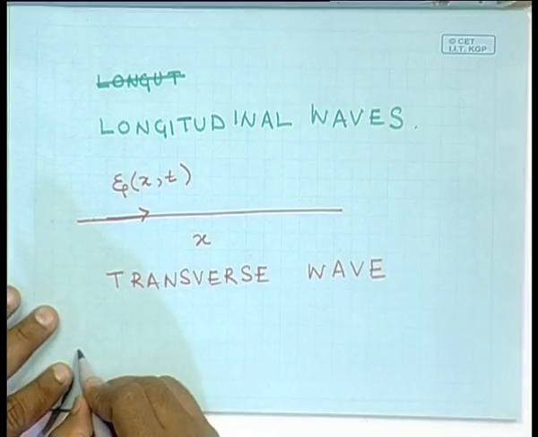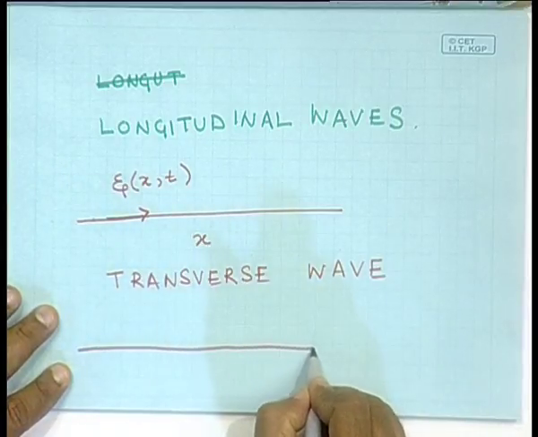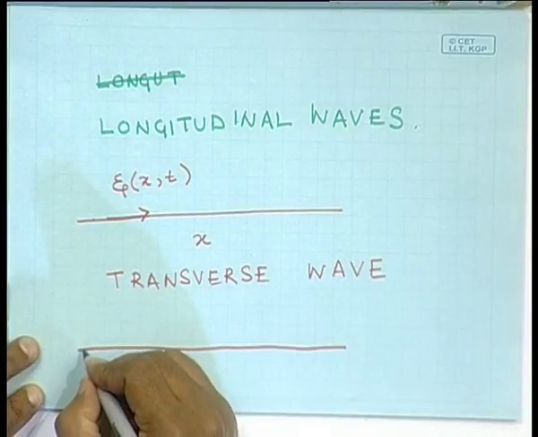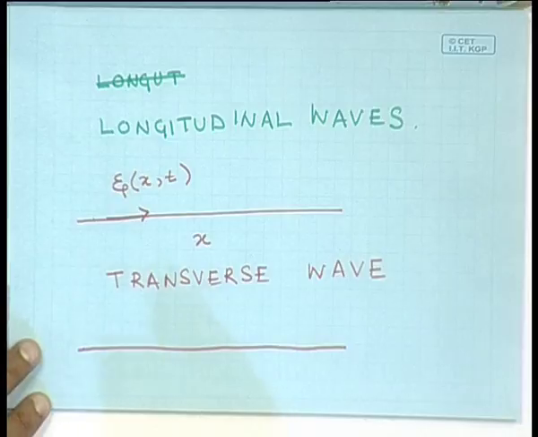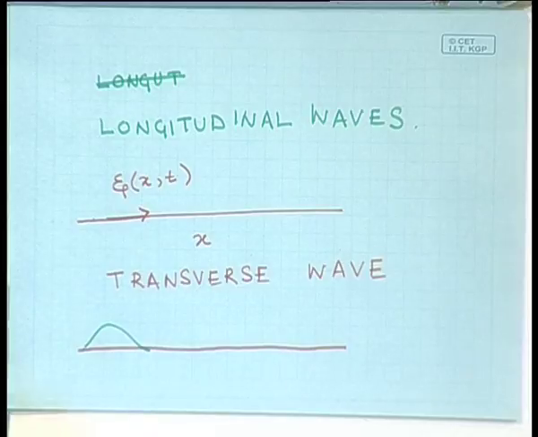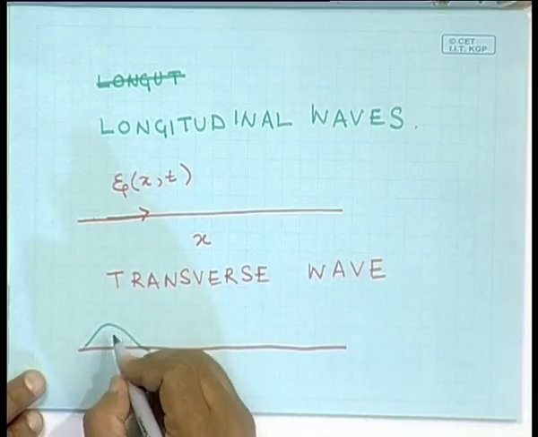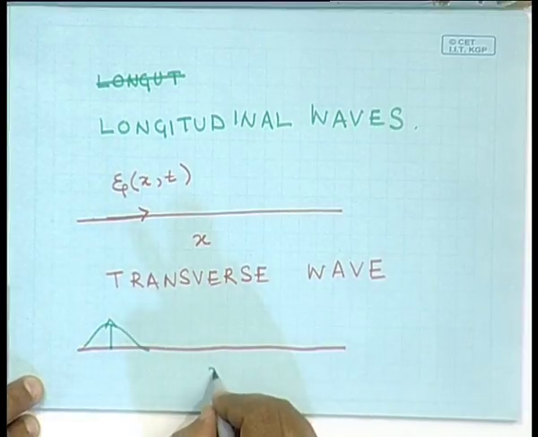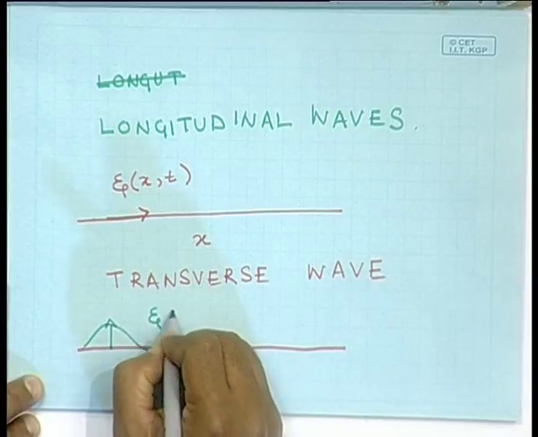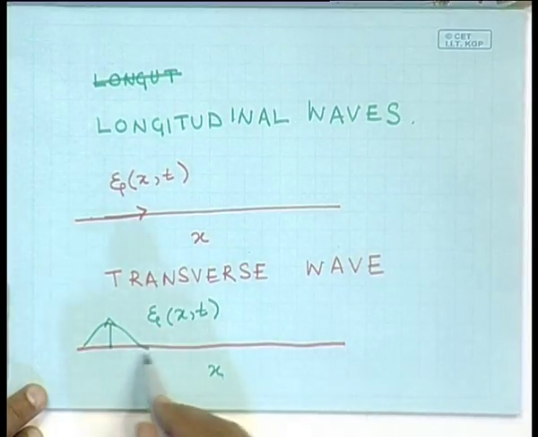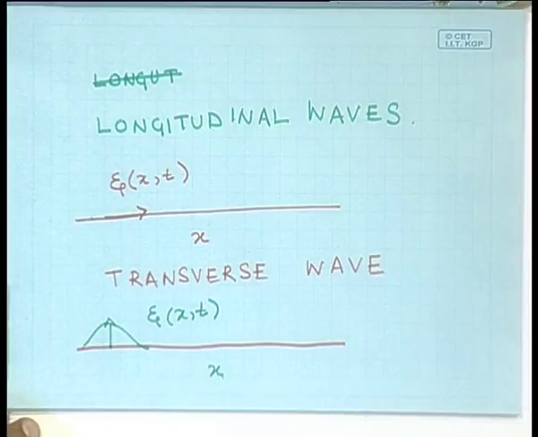If we have a stretched string, so think of this line as a string which has been pulled tight, and if in this string we introduce a disturbance which is perpendicular to the direction of the string, let us say that I pluck the string like this and leave it, then the evolution of this disturbance is a transverse disturbance. It is going to move along the x direction, and if I use the same symbol xi to denote the disturbance, it is perpendicular to the direction in which the wave propagates. So this is called a transverse wave.